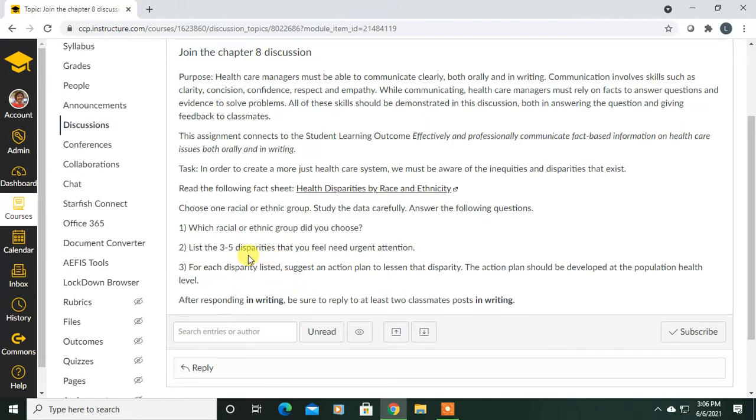Decide on the 3 to 5 disparities that you think need urgent attention and an action plan to lessen that disparity. For each of those 3 to 5, you need to say what needs to happen in our healthcare system, in our built environment, in our pricing of food, whatever it might be, that would lessen that disparity.